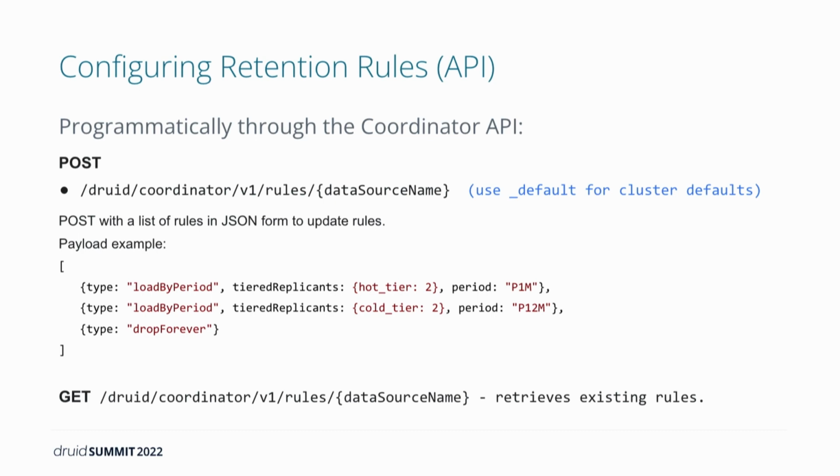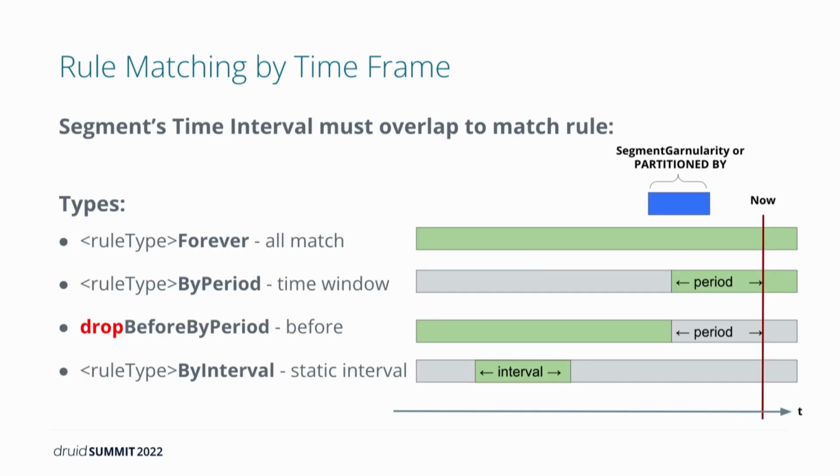But let's talk about rules and what kinds of rules exist. First of all, we need to think about rules based on what time frame they cover, right? So you have load, drop, and broadcast rules that can be either forever, by period, before by period, which only applies for drop, or by interval. For forever rules, first of all, what this does is it looks at the segment's time interval.